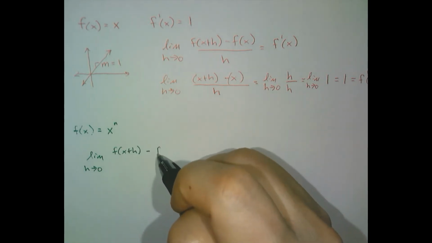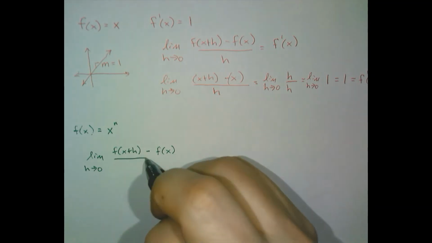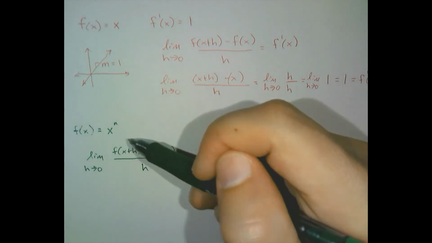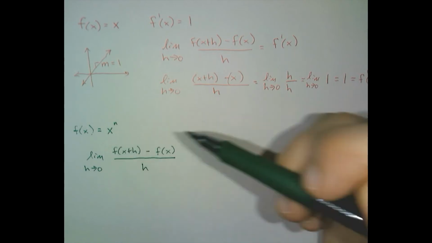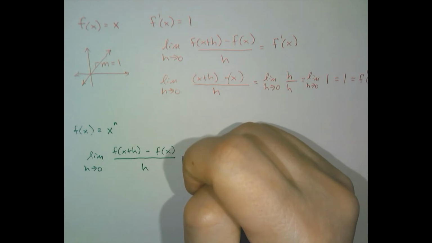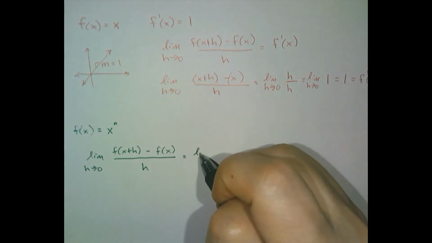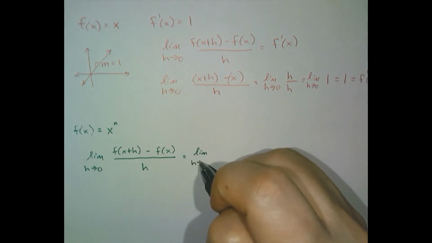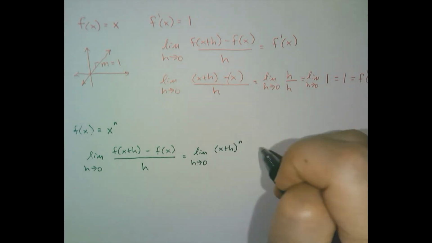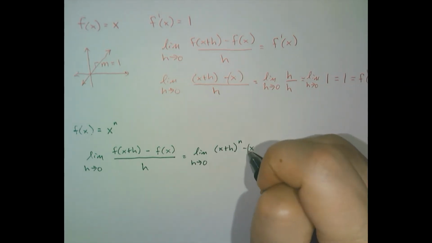Where this falls apart for us, at least in this presentation, is when n becomes a larger and larger number, evaluating f of x plus h becomes a bit of a challenge. But I'm going to show you a pattern, and hopefully from that pattern you will be able to deduce what's going on.